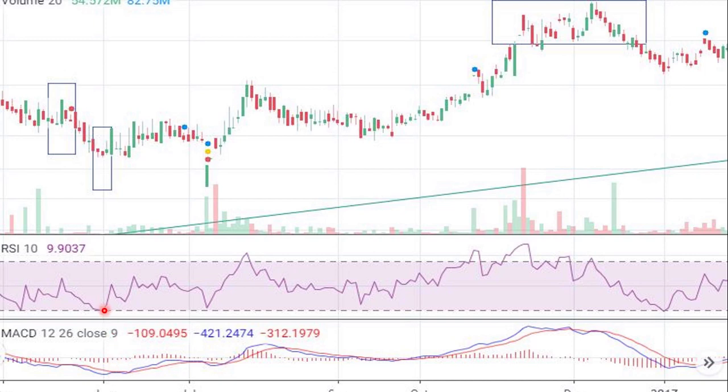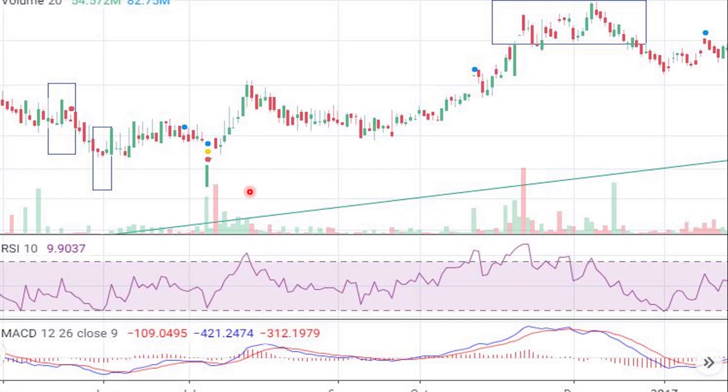We get a buy position, and you can see this upward movement has started and until here. Okay, until here both of these indicators give us a sell signal.